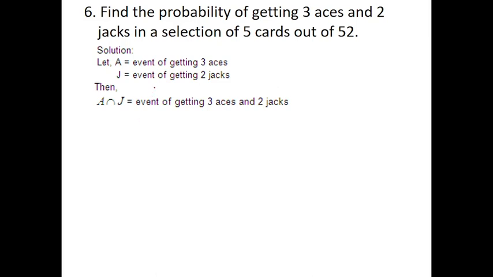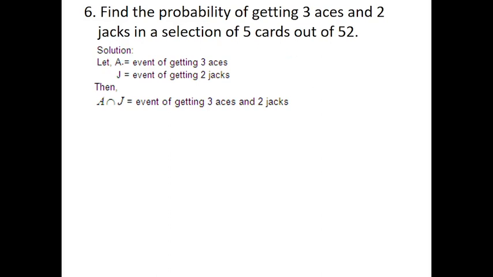Alright, analyze natin. 3 aces and 2 jacks, 5 cards. Ano ang chance na sa pag-select ko ng 5 cards na yon, dun sa 52 cards, tatlo doon ay aces at dalawa doon ay jacks? Okay.